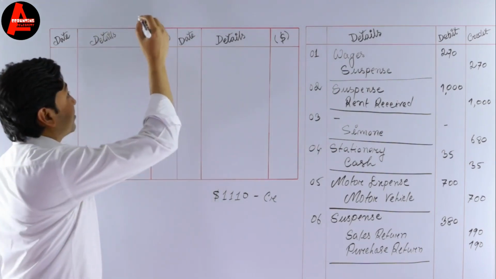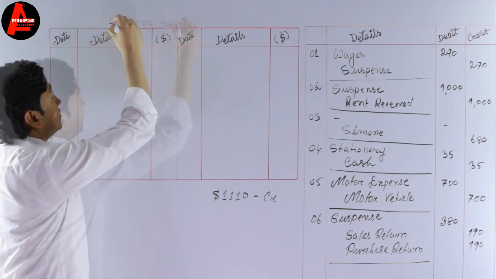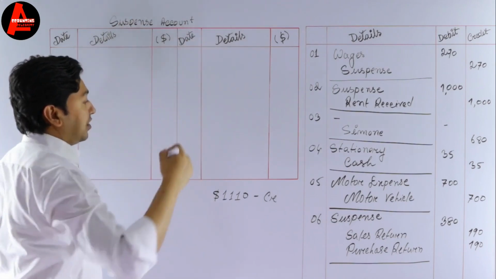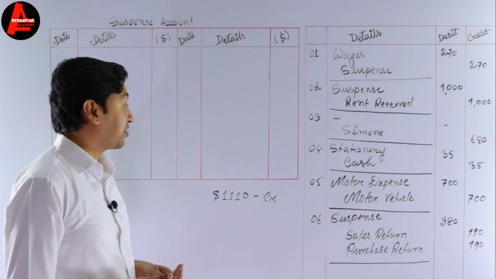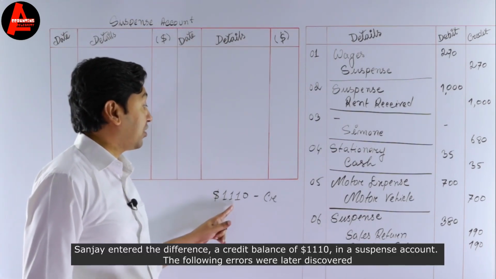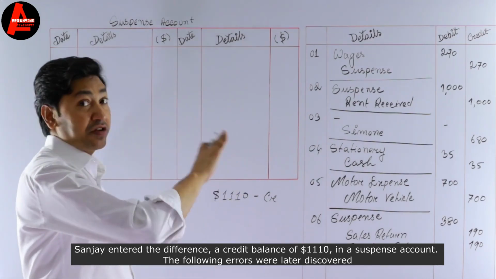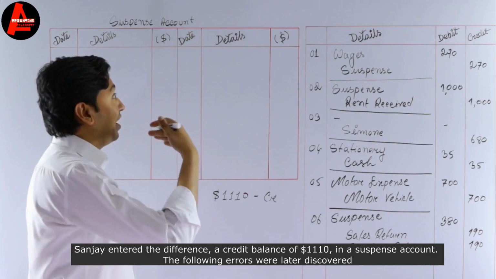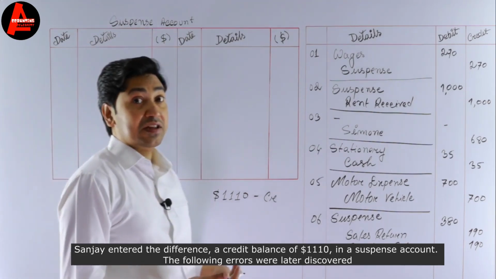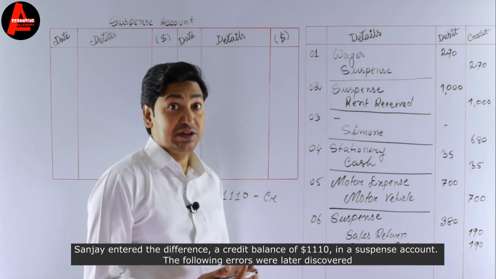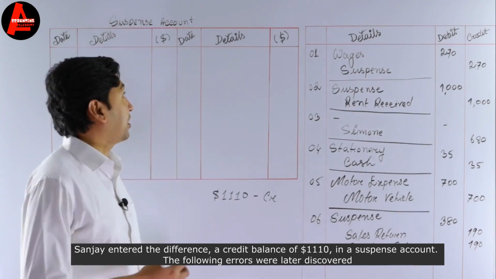Let us write here first of all suspense account. Already we found the difference on the trial balance, which is $1,110 on the credit side. So we'll write this difference on the credit side of the suspense account. This account will be done at the end of the financial year, which is 31st January 2018.